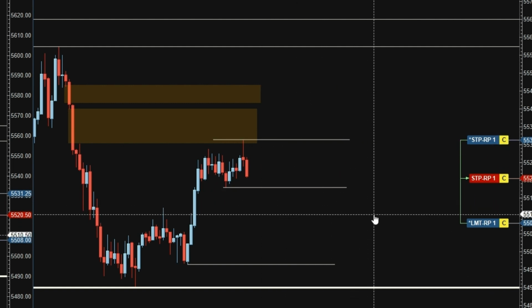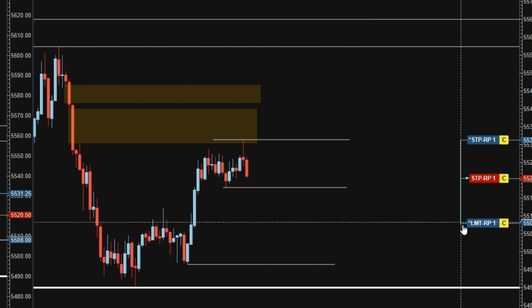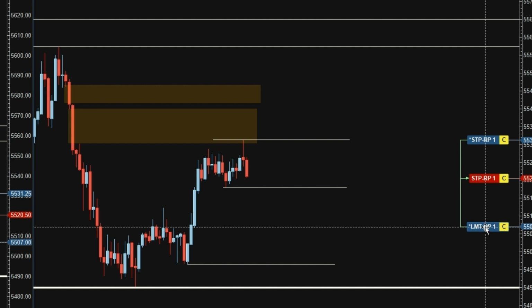So I'm not going to be discussing risk management here. It's very important to have risk management and proper position sizing here. Don't over leverage. It depends on what size your account is, right? So our take profit depends on you.